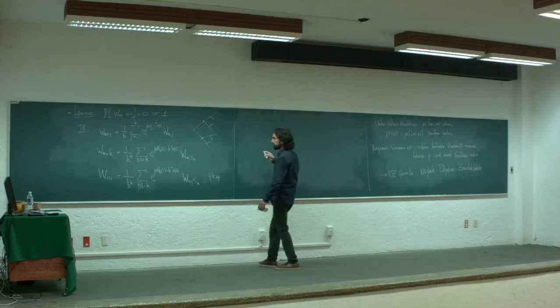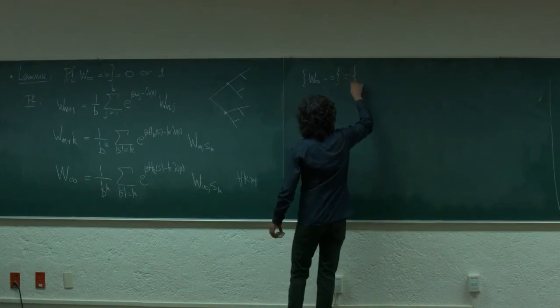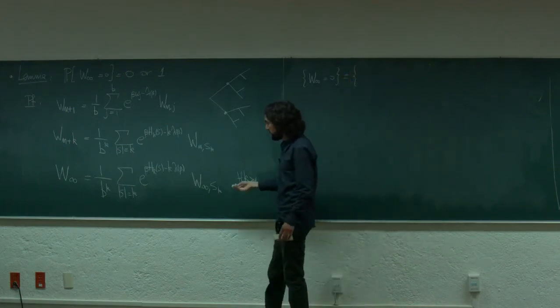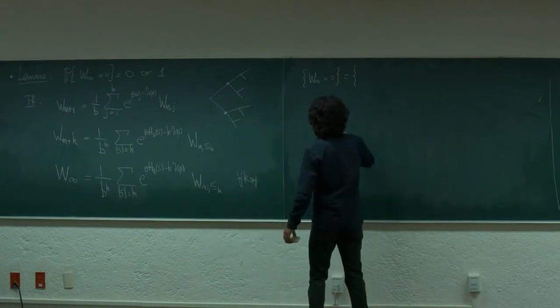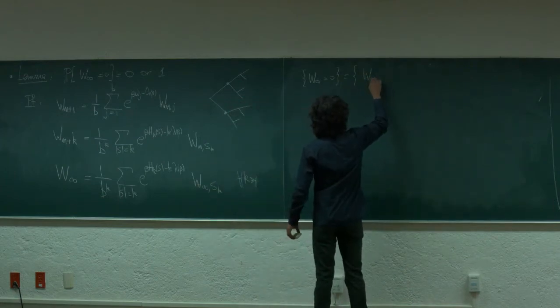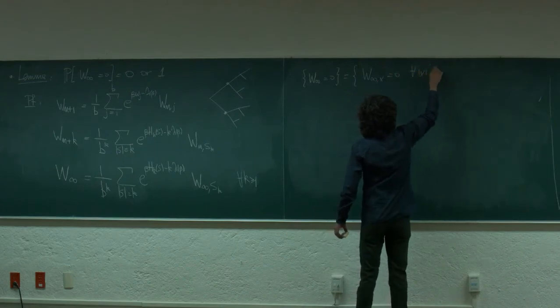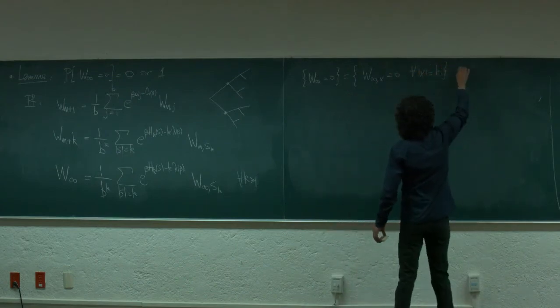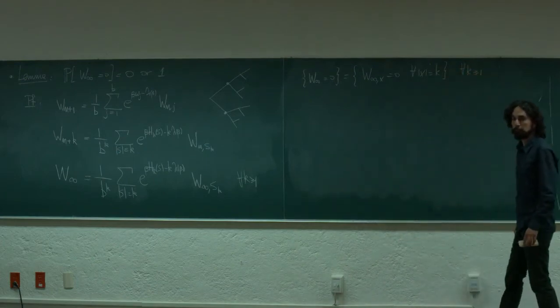So now the event W infinity equals 0 is exactly equal to the event that all these shifted versions of W infinity are 0. And that's again for all k bigger or equal to 1.